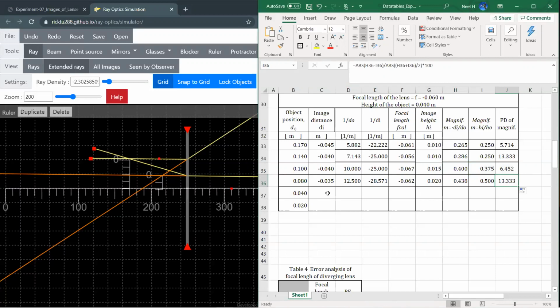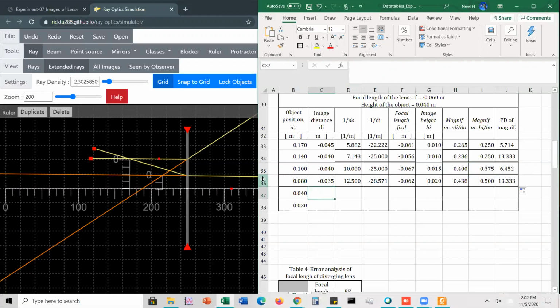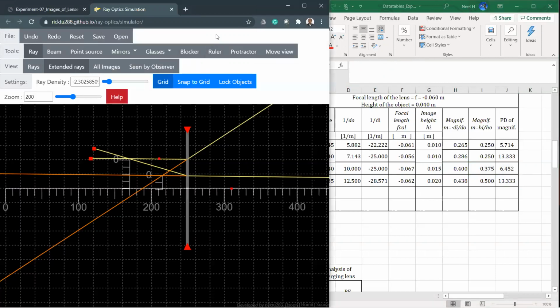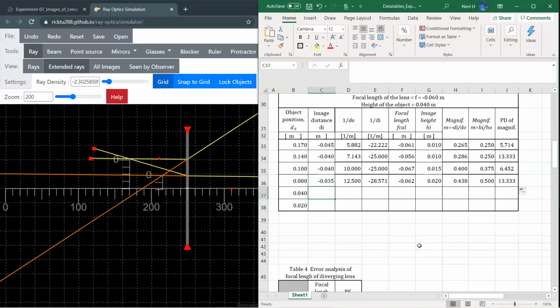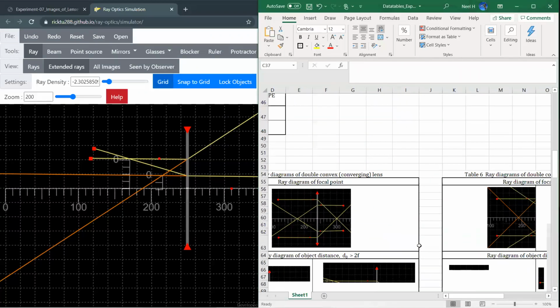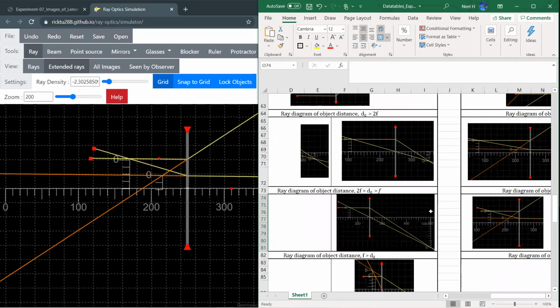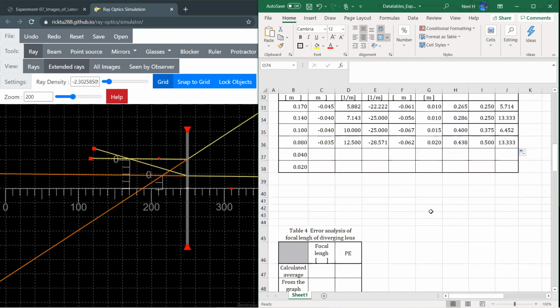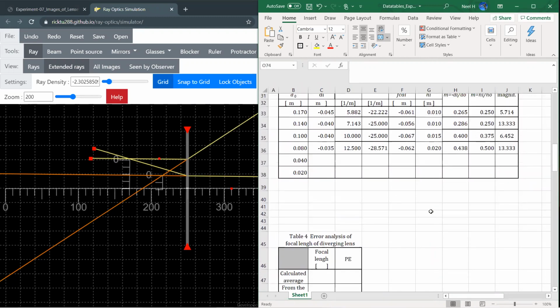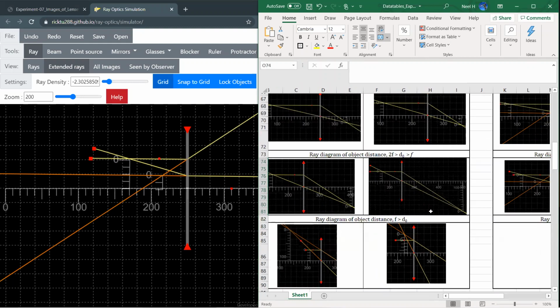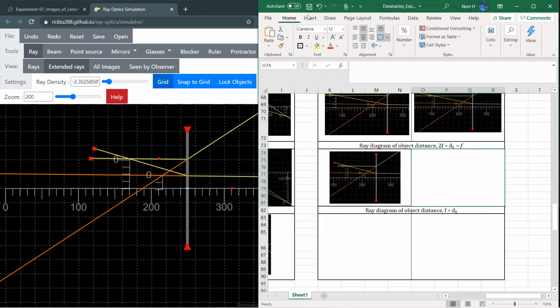That's because of the estimation issue, because we can't estimate anything below the 0.5 centimeter level, so that creates a lot of error. Okay, now let's do that picture here.